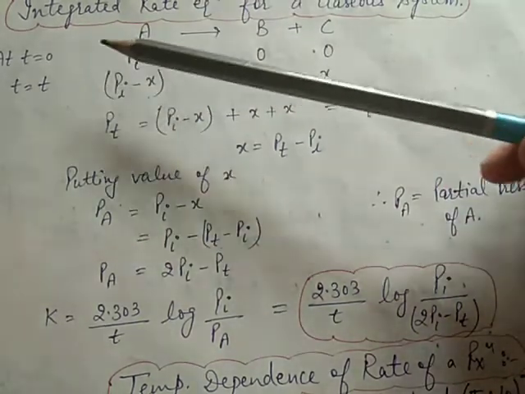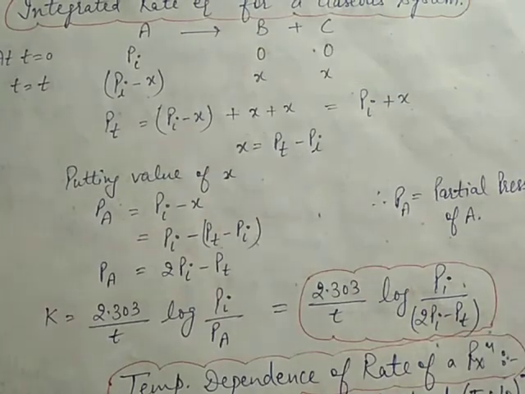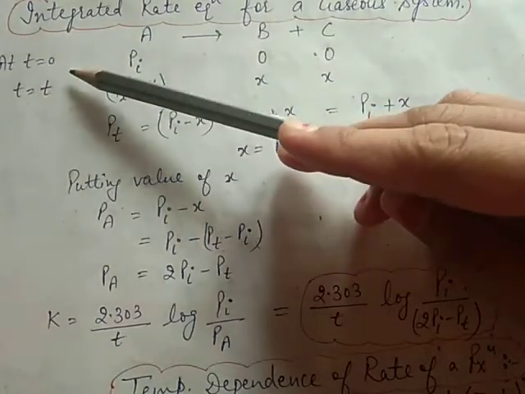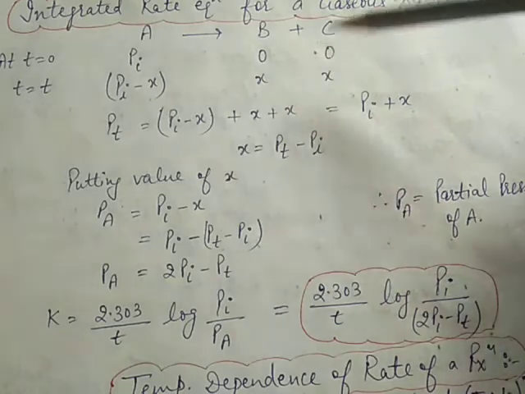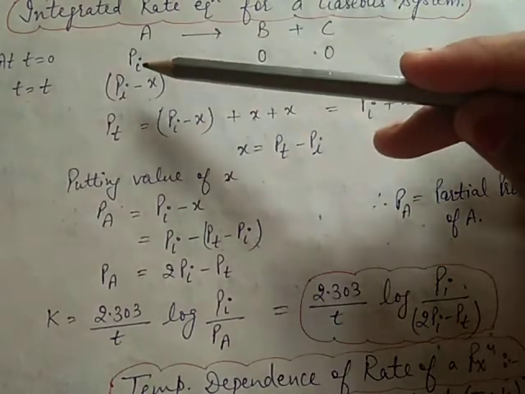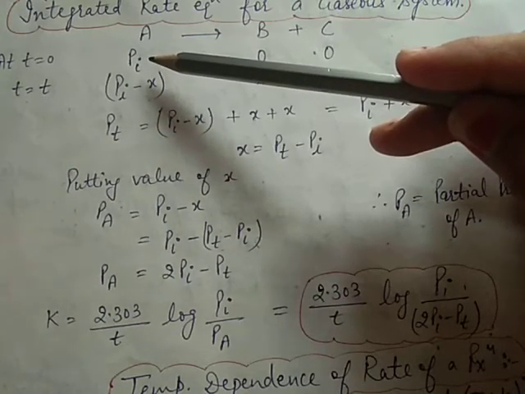Then suppose at time t equal to 0, the initial pressure of B is 0 and of C is also 0, but the reactant has some pressure, that is the initial pressure Pi.